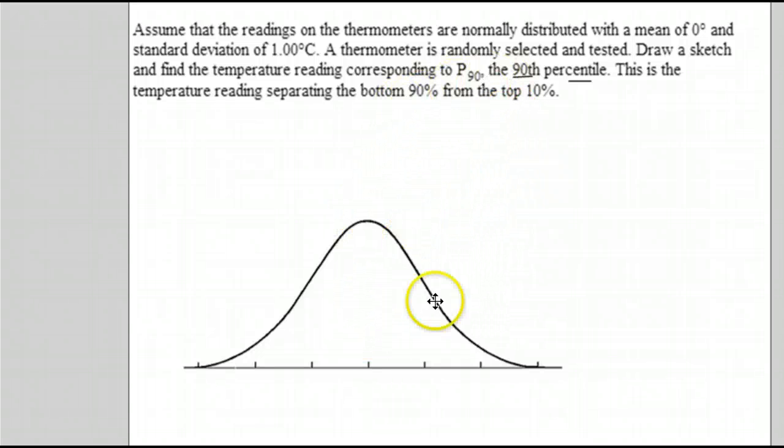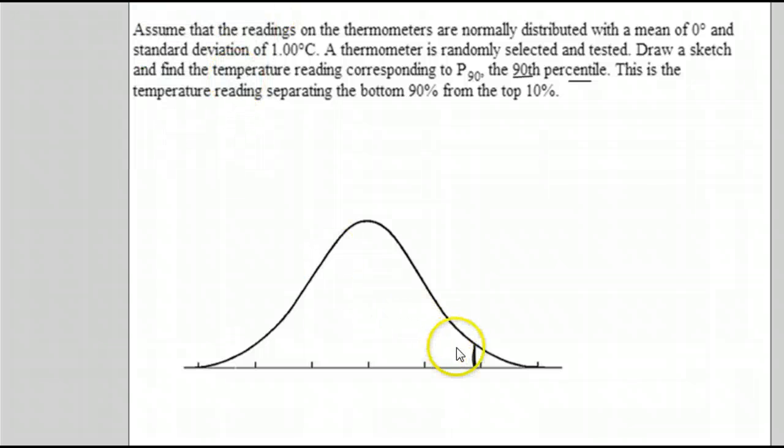So the 90th percentile, that's going to be way up here. Okay. And again, it doesn't matter where you put your mark. I'm not going to look and see, well, it should have been between 1 and 2, or it should have been between 2 and 3. It doesn't matter where you put your mark, just as long as you get your areas right. So there's where I'm going to put my mark.